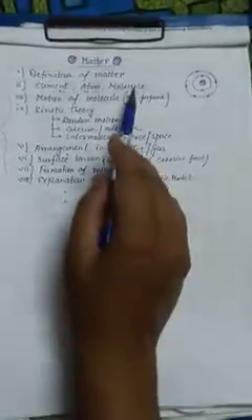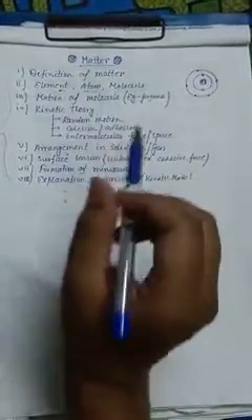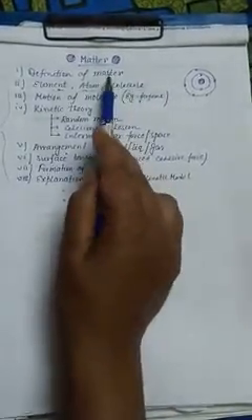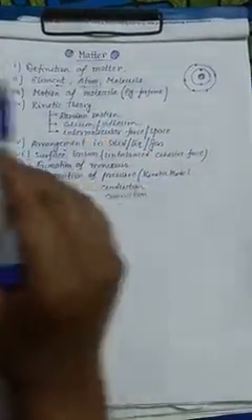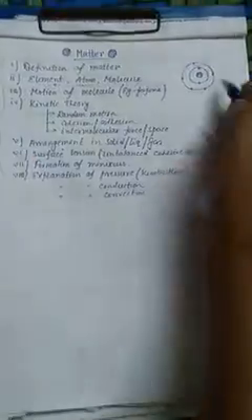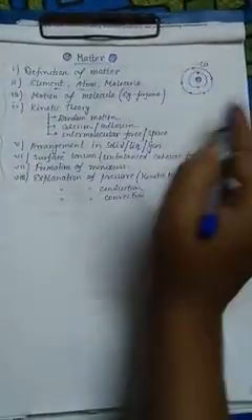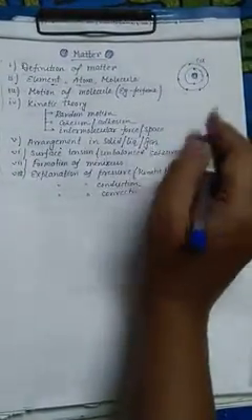So what is a molecule? Basically molecules are the building blocks of matter, and a molecule may consist of one or more atoms. If we talk about a copper atom, then a copper atom and a copper molecule are the same.